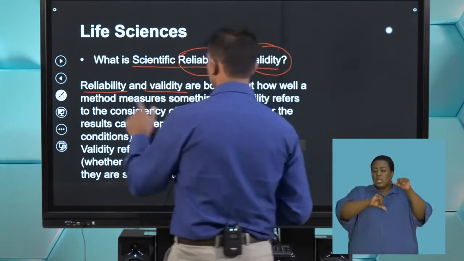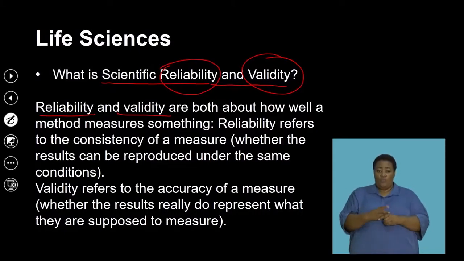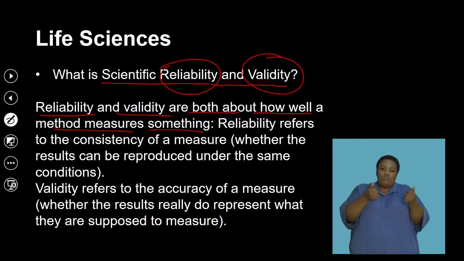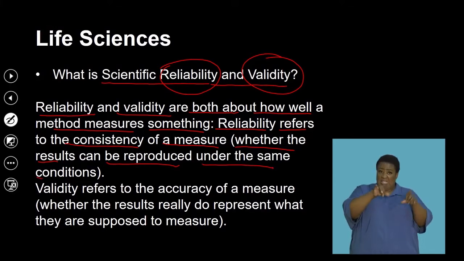So reliability and validity are both about how well a method measures something. So let's look at reliability. It refers to the consistency of a measure, whether the results can be reproduced under the same conditions.